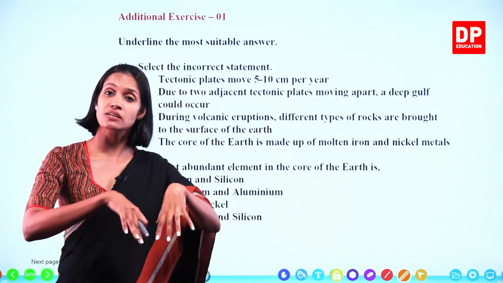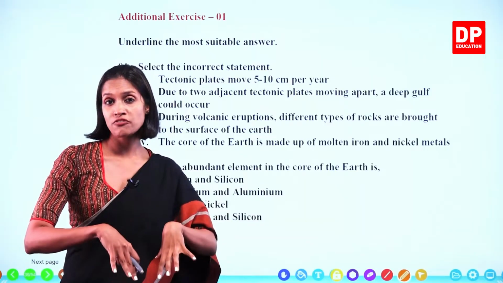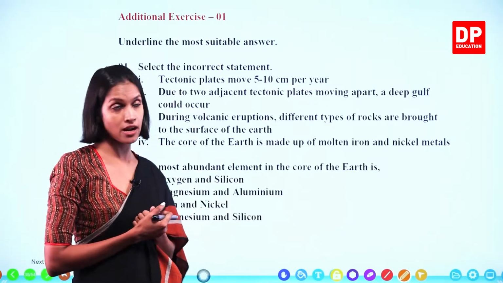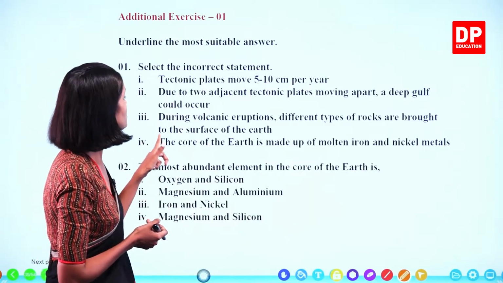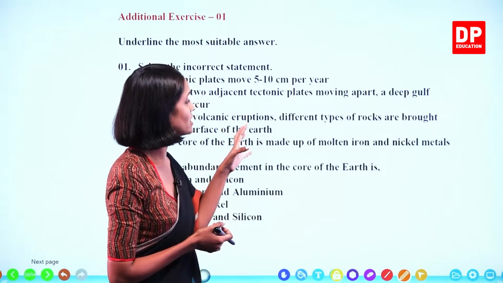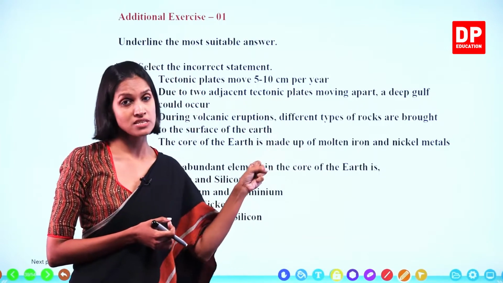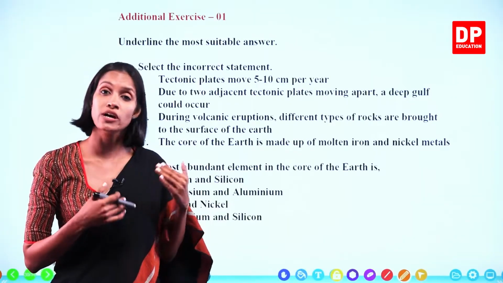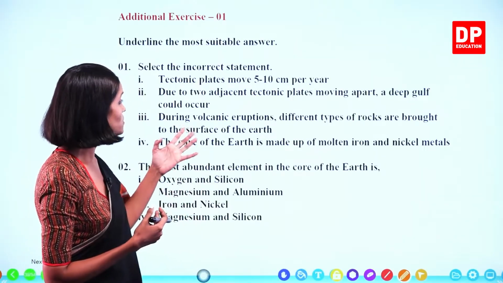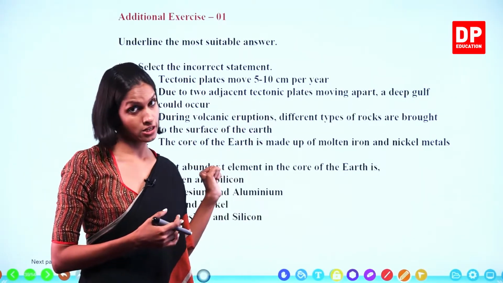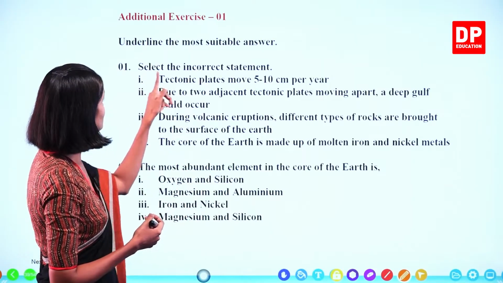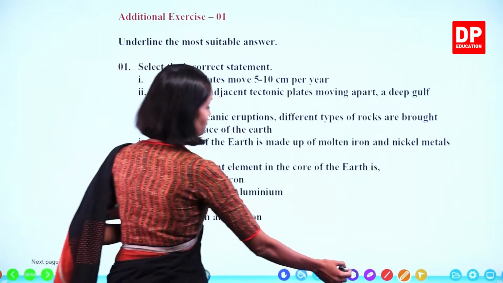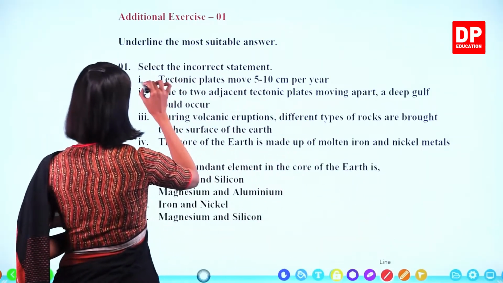Rocks present in the lower inner parts of the earth are brought up during volcanic eruptions, right? The core of the earth is made up of molten iron and nickel metals. Yes. Now the core has 2 parts, outer core and inner core. The outer core contains molten iron and nickel metals, right? So what is the incorrect statement? The first one, tectonic plates move 5 to 10 centimeters per year.